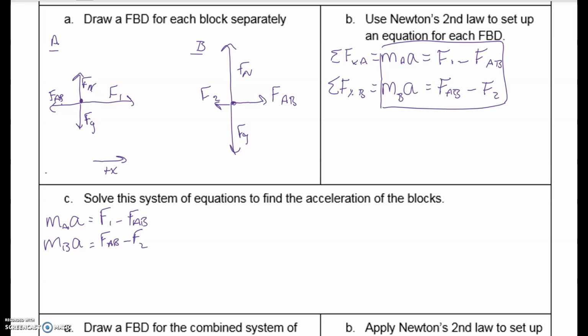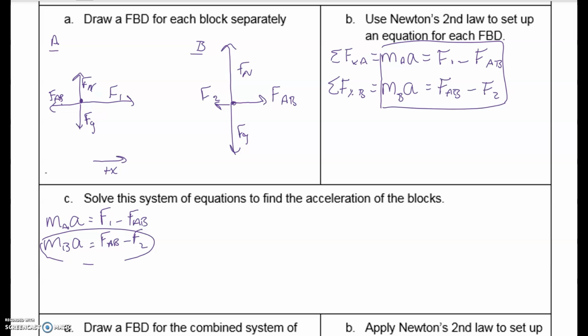Our end goal, like we said in the problem, is to solve for acceleration. So we have to take one of these two equations, rearrange for the unknown we don't care about, which is FAB, and substitute it into the other one. I think it's going to be quicker math to rearrange this second equation.